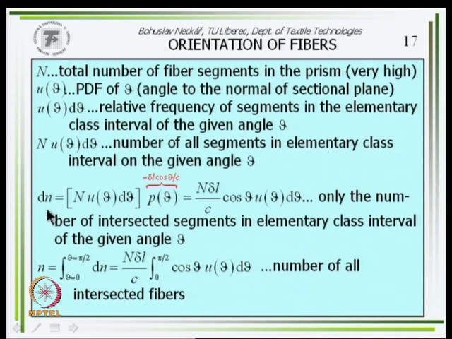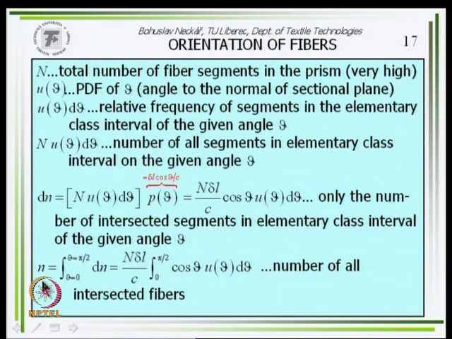It's the number of sectioned fiber segments from the group of fibers having angle theta. But the total number of cut fiber segments is higher, because not only our angle theta exists in our box, other angles theta are there too. So what is the total number of cut fiber segments?